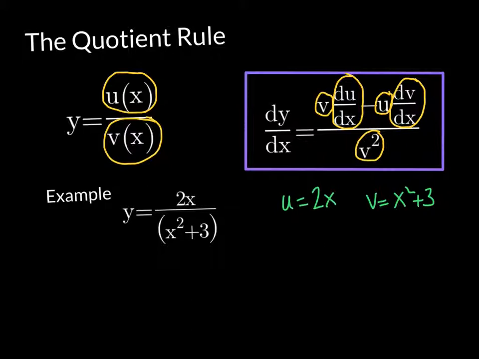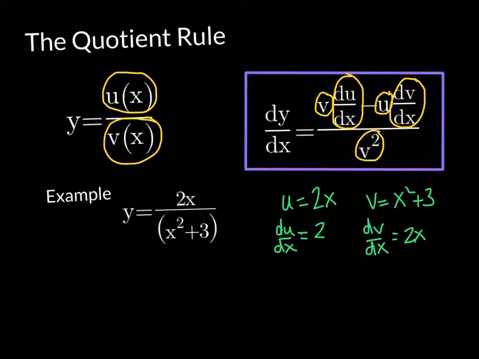So again, the first thing that we want to do is find the differentials of both of these with respect to x. So the differential of 2x is just 2. Okay, and the differential dv by dx, the differential of x squared plus 3, so the 2 comes in front and we have 2x, and then the differential of 3 is just 0.